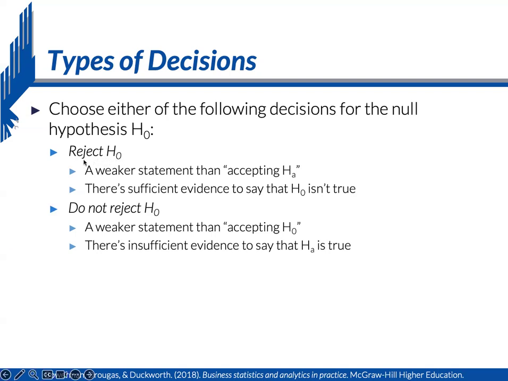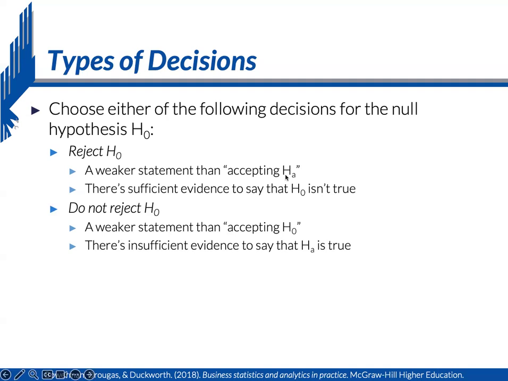Now, we say that we reject the null hypothesis instead of accept the alternative hypothesis because this is a weaker statement. When we accept the alternative hypothesis, there is an implication that we are 100% sure that the alternative hypothesis is correct. But that is not the case in hypothesis testing. Remember, in hypothesis testing, our data is only from a sample. Our data is only based on an incomplete set of information, and therefore there is no guarantee that the alternative hypothesis applies to the entire population.